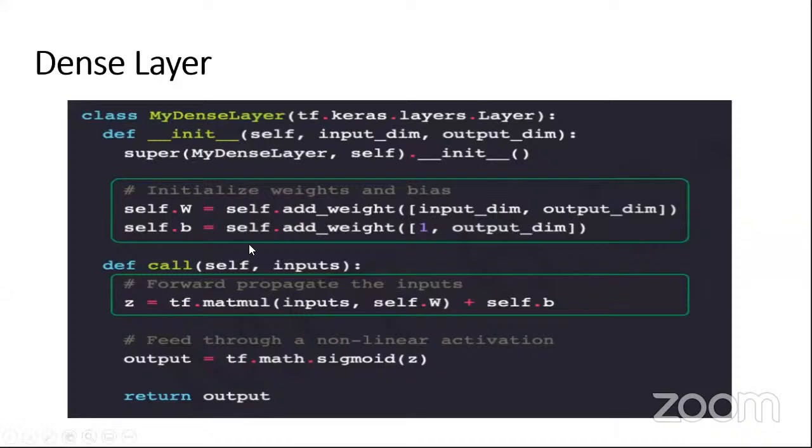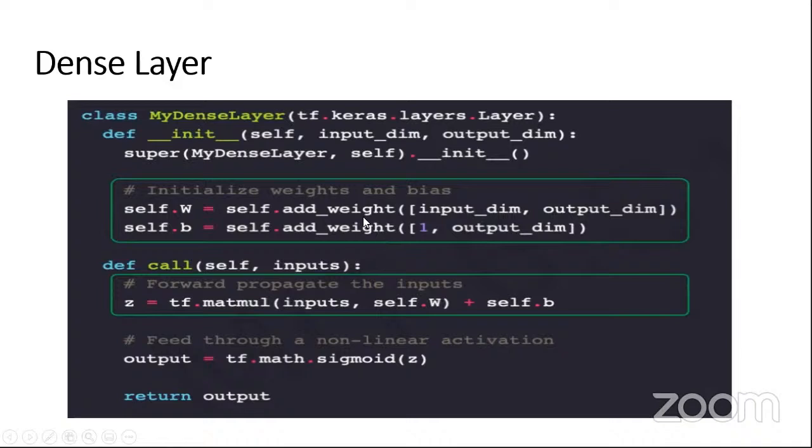So I hope you can see this code. For this we'll be using TensorFlow. We'll be using the package tensorflow.keras, inside that layers, and from that we'll use the layer. They will be giving the input and output. Here we'll be adding the weights for the input dimension and the output dimension.